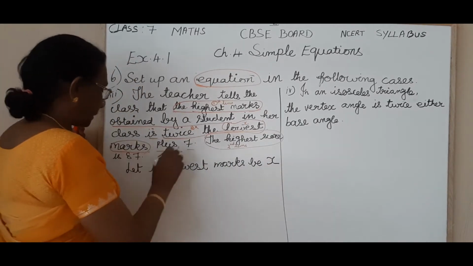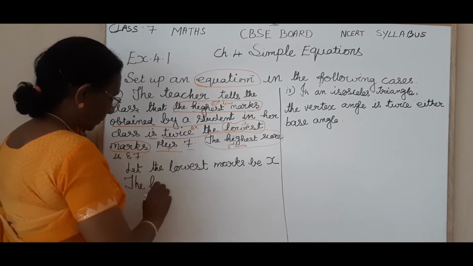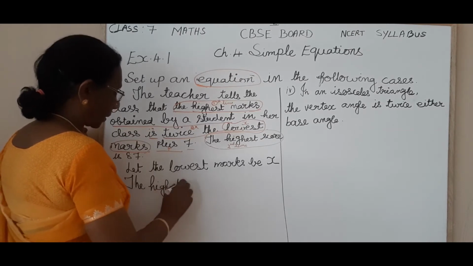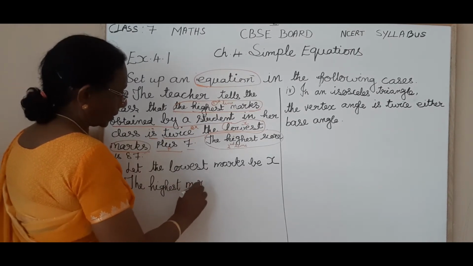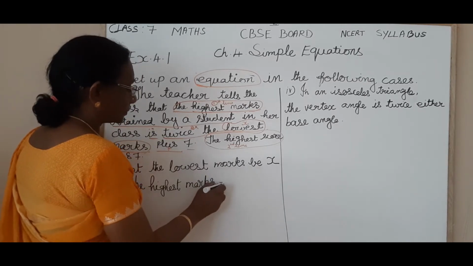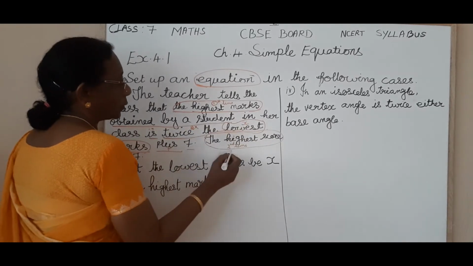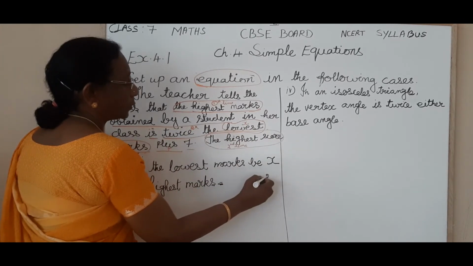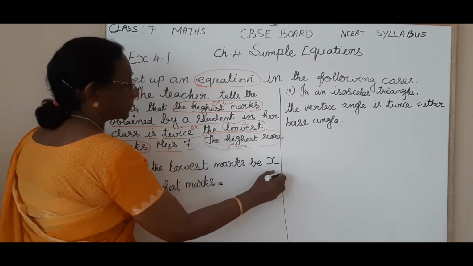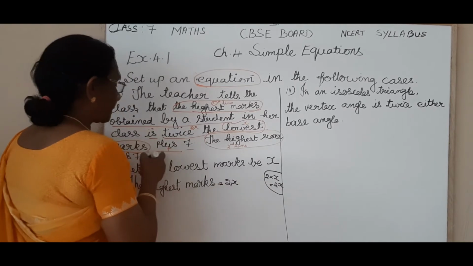And then, next, the highest mark is equal to, what is given? Twice the lowest term. Twice the lowest term means 2 into x, that is 2x. Next is given plus.